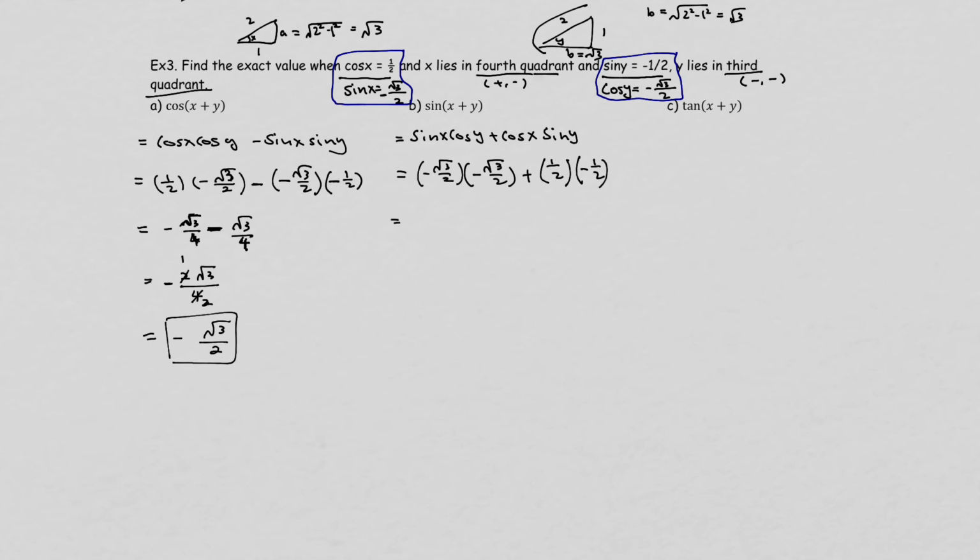So this gives you negative 2 square root of 3 over 2 and plus, wait, you're multiplying, not adding. So hold on, let me erase that.